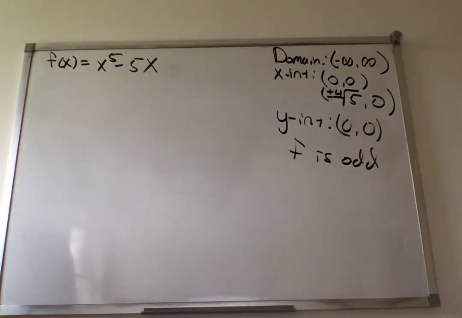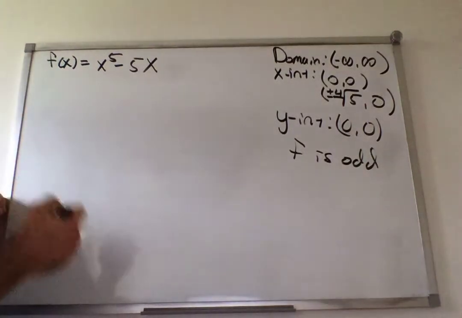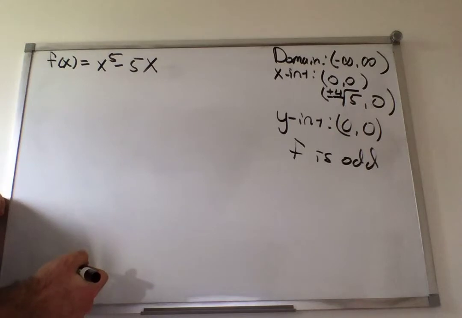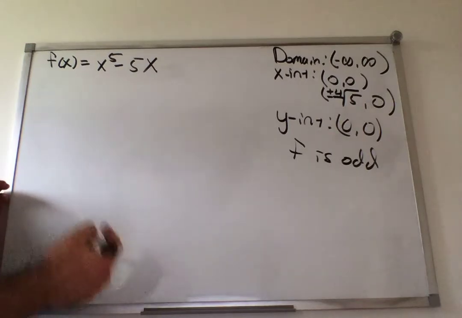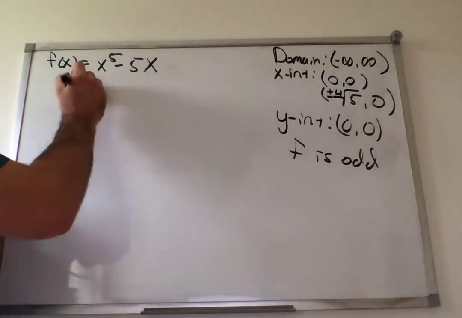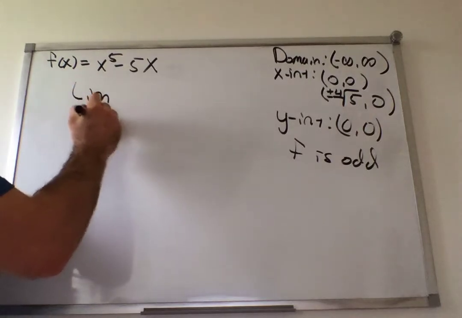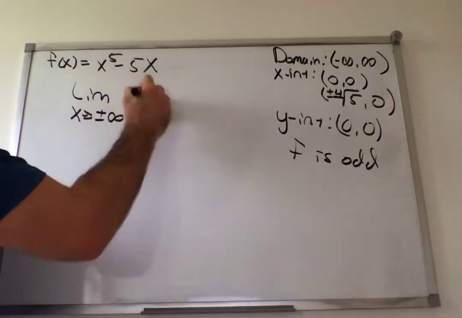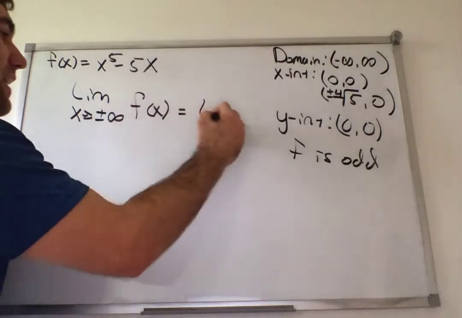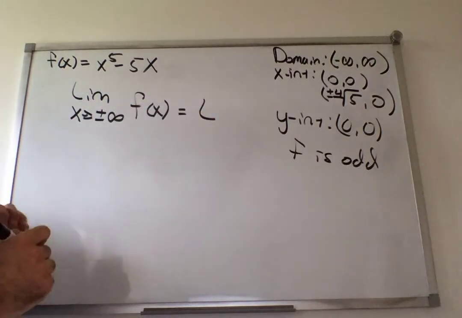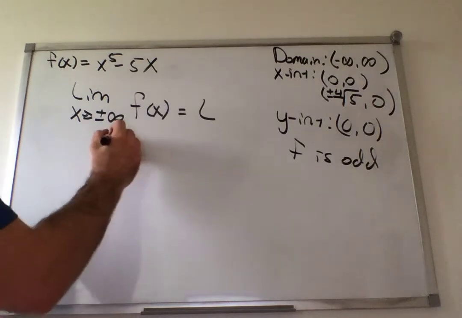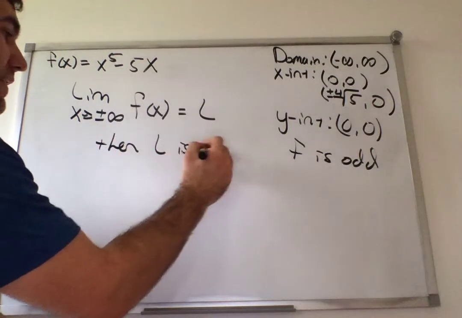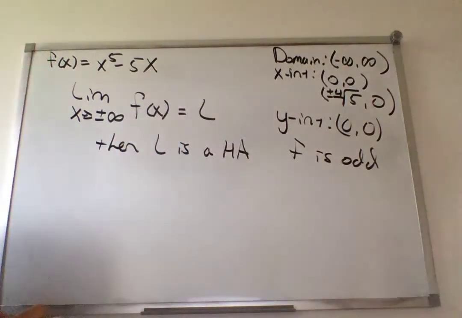Secondly, to find horizontal asymptotes, what we can do is something we learned back in chapter 2, limits at infinity. So we could take the limit as x goes to infinity, or it actually doesn't matter, plus or minus infinity of our function, and if it equals L, a finite number, then L is a horizontal asymptote.